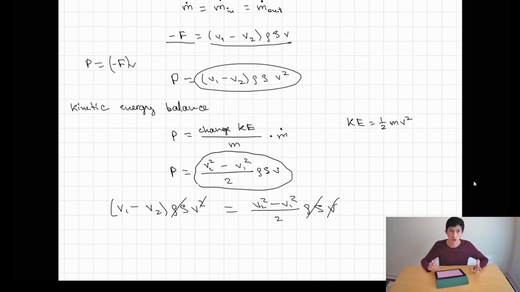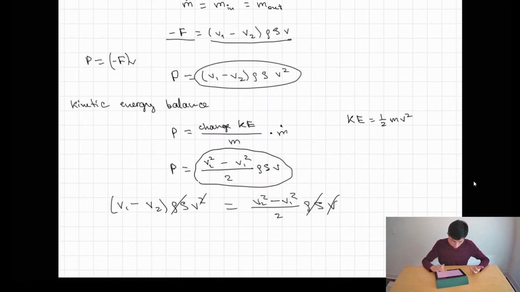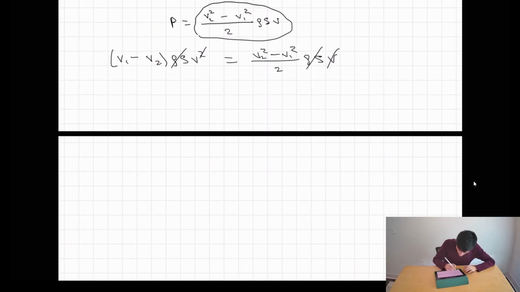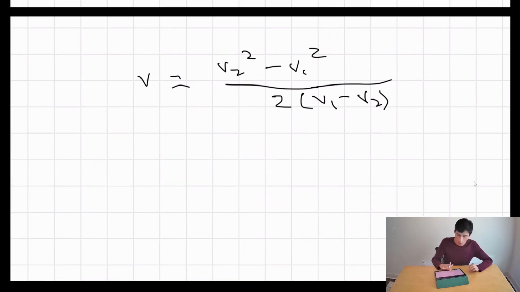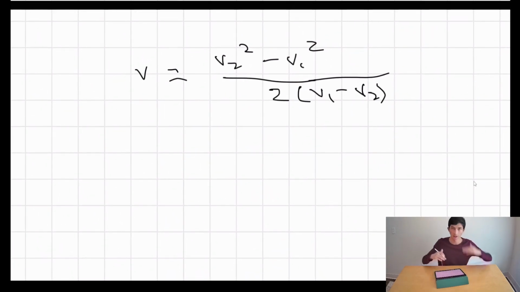So let's try to solve for V. Let's try to find out what our V is equal to. So we know our V1 and V2, but we don't know what our V is equal to, right? Okay, so if we make V the subject of the equation, we're going to have (V2 squared minus V1 squared) over 2 times (V1 minus V2), right? So we can simplify the numerator.